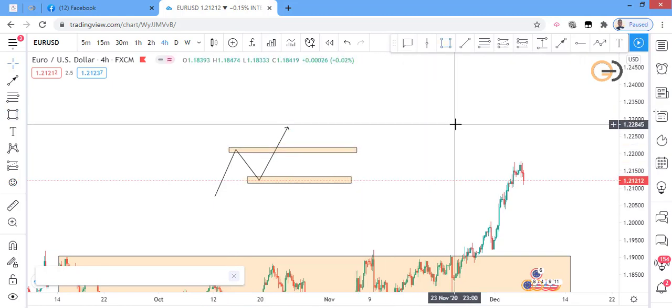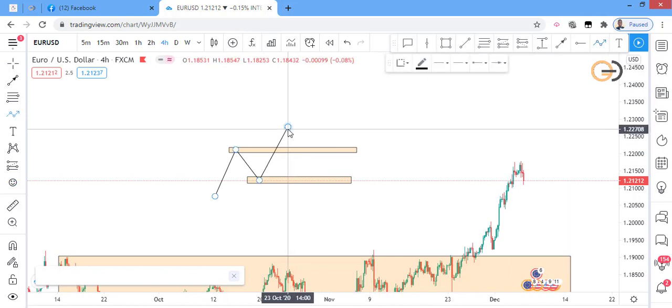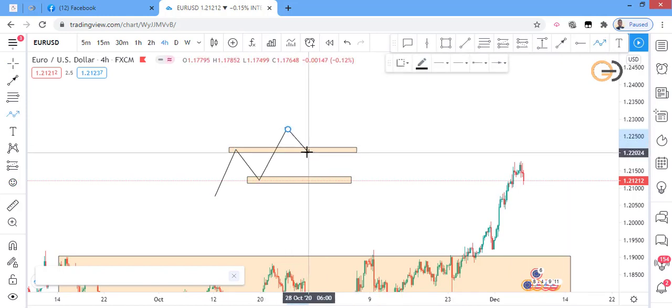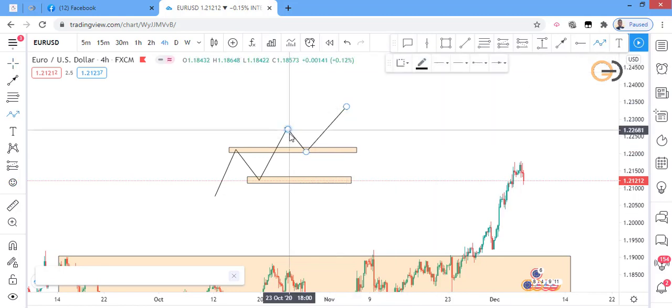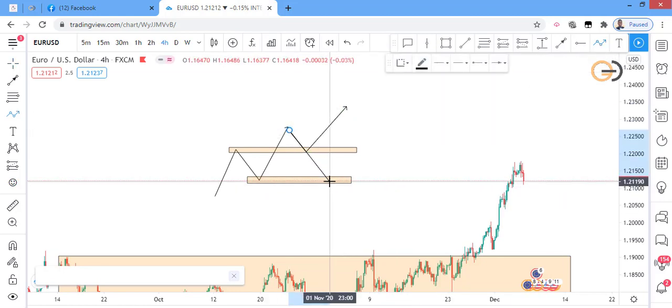So watch this. The market can retest here and then continue, or can come back here before continuing.